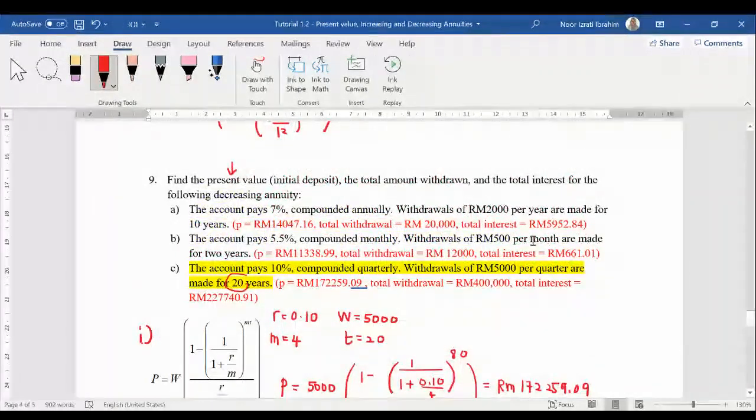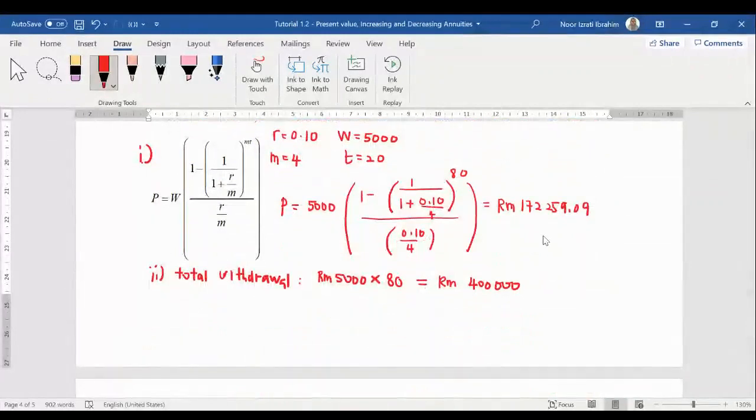Next, total interest earned. So how to get total interest earned? It will be total withdrawal, the answer for question number 2, minus the answer for question number 1. Total withdrawal minus present value. Yes, correct, very good.